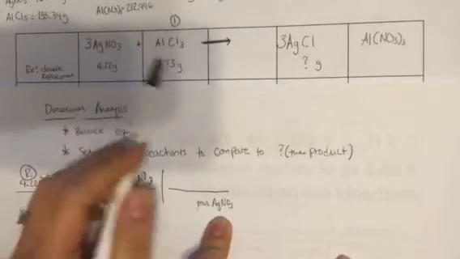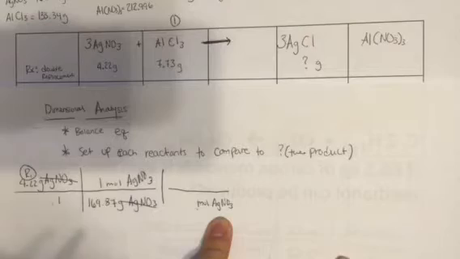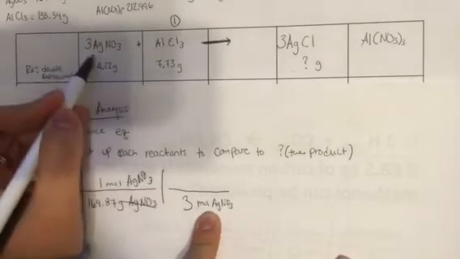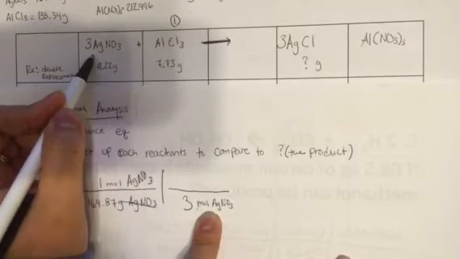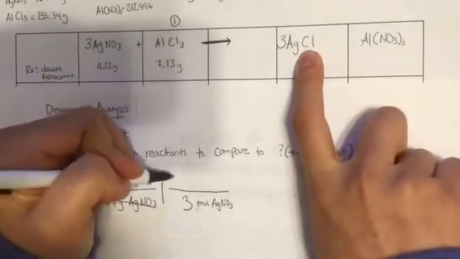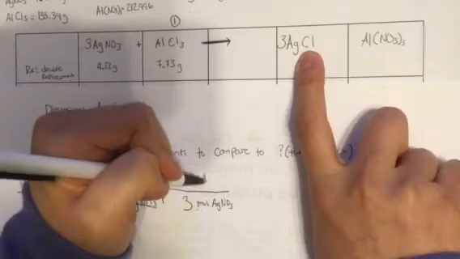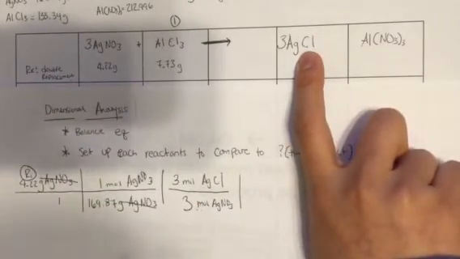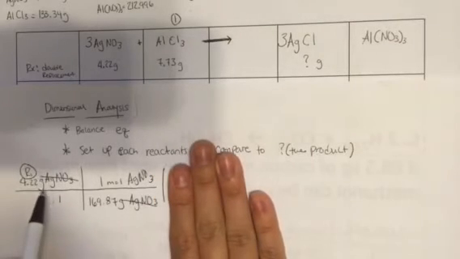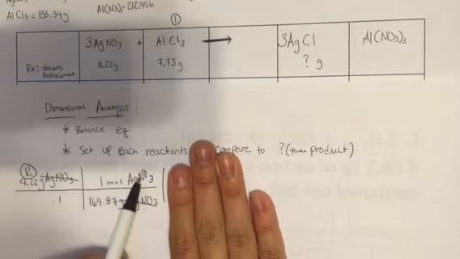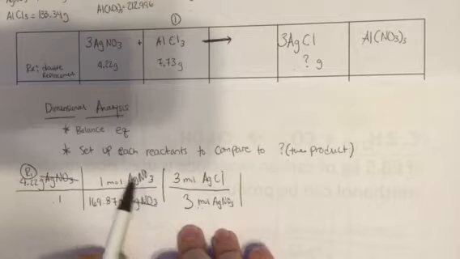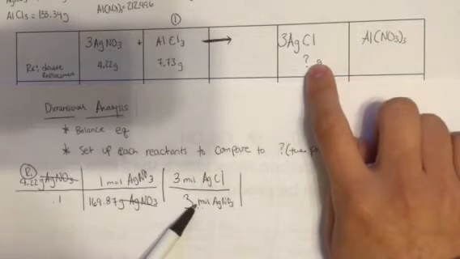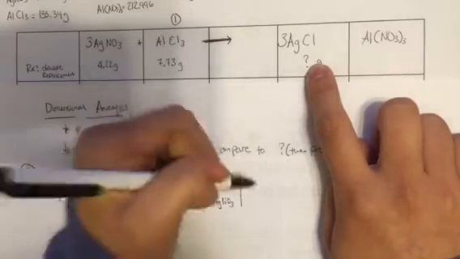Here's where my comparison comes into play. I look at my reaction, and I say, in this specific reaction, for every 3 moles of silver nitrate I also have 3 moles of silver chloride given. Again, up to this point, it's just solving for the number of moles of silver nitrate. From here, I am comparing it by mole ratio to the product in question, okay?